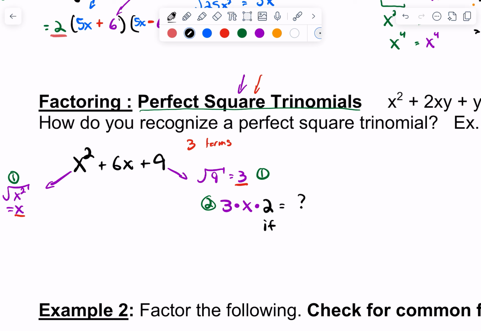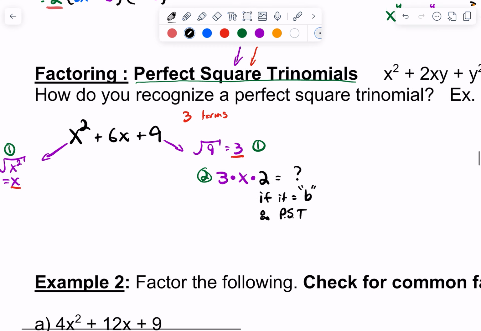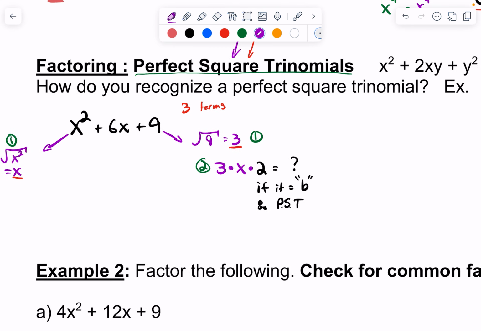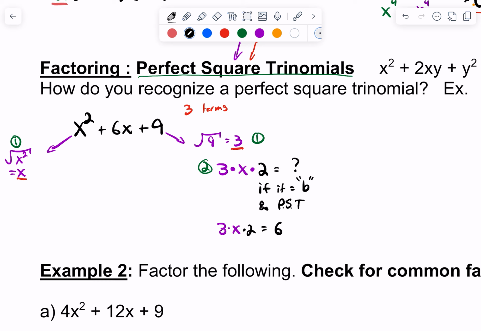I'll just write it shorter: if it equals the b value, the b of x, then it is a perfect square. Therefore, perfect square trinomial. So 3x times 2, what do we get? Well, you get 6x. And notice how this 6x is the same as this 6x right here. So it is a perfect square trinomial.